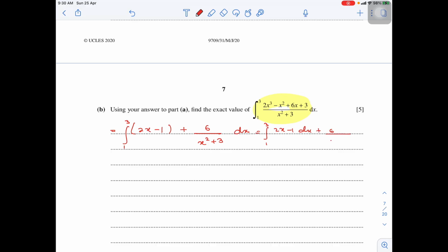plus 6 over x squared plus 3) dx, which is the same as the integration from 1 to 3 of 2x minus 1 dx plus 6 times the integration from 1 to 3 of 1 over x squared plus 3 dx.